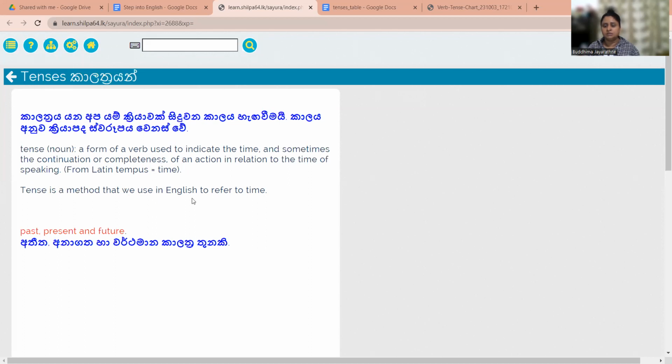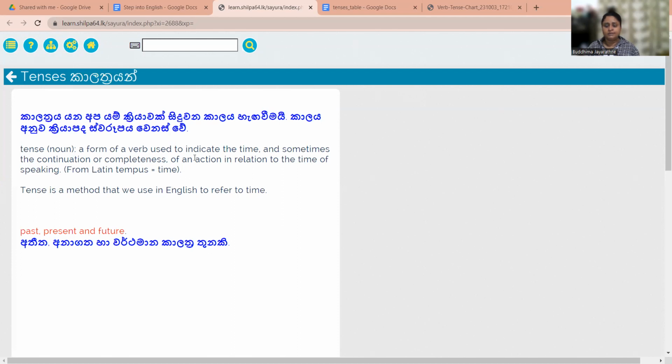If it is continuous, if it is happening, that's continuation. And if it is about completeness, whether it has happened or is happening, the relationship between time and the verb is denoted by the term tense, and it's a noun.